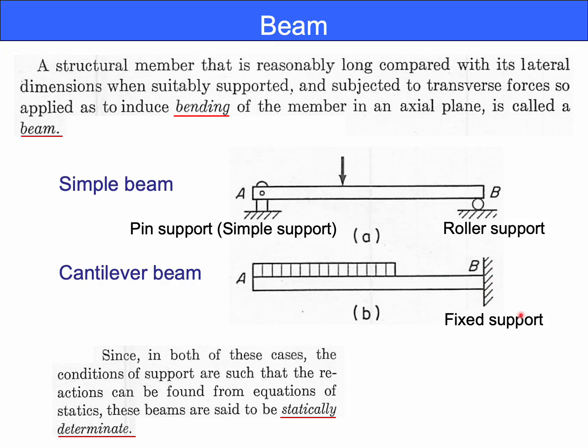Rotation of the beam is not allowed at the fixed support end, because it restricts all three potential movements. Translation in x and y directions are prohibited, and also the rotation is inhibited.